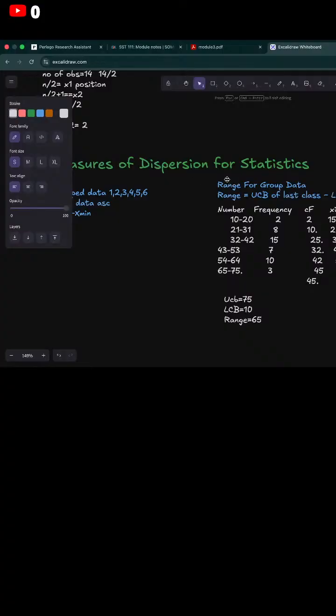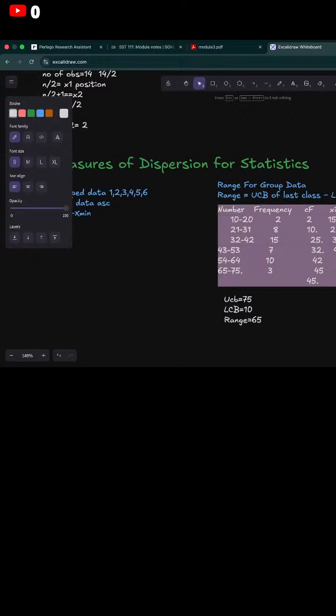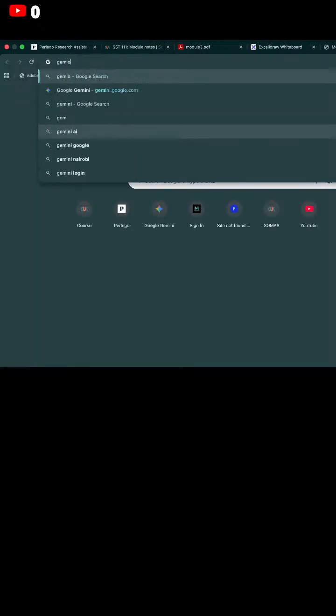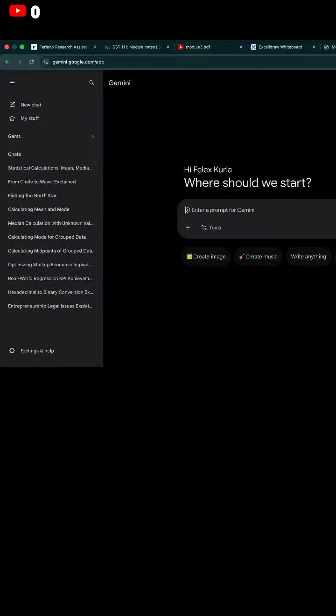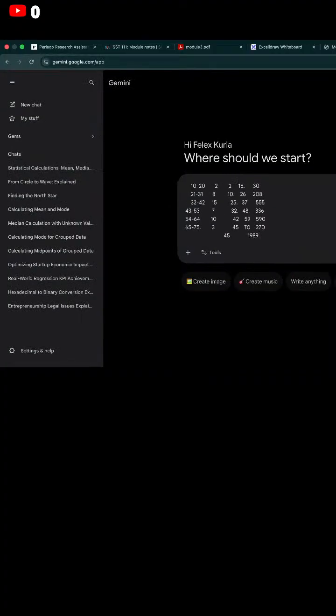Let's confirm with AI. We open Gemini and we paste this. Calculate the range of this.